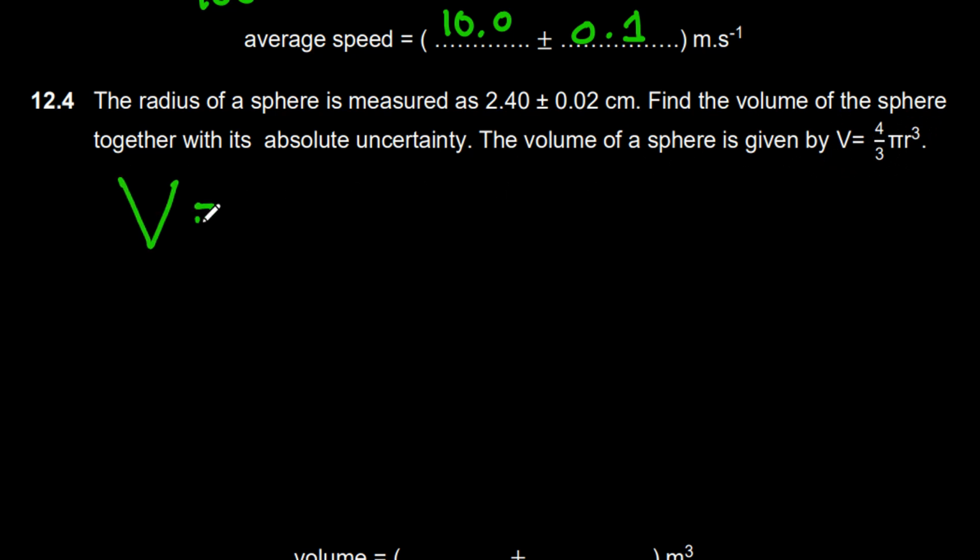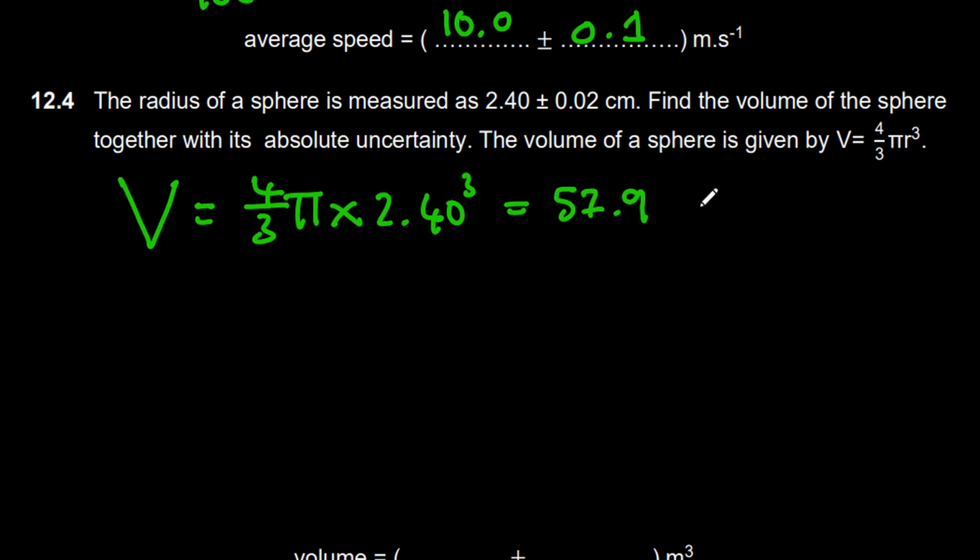So then the volume will be 4 over 3 pi times r cubed, so times 2.40 cubed. And on a calculator, this comes to 57.9 centimeters cubed. Once again, we must give our answer with 3 significant figures, because the value that we used here for the radius has 3 significant figures.